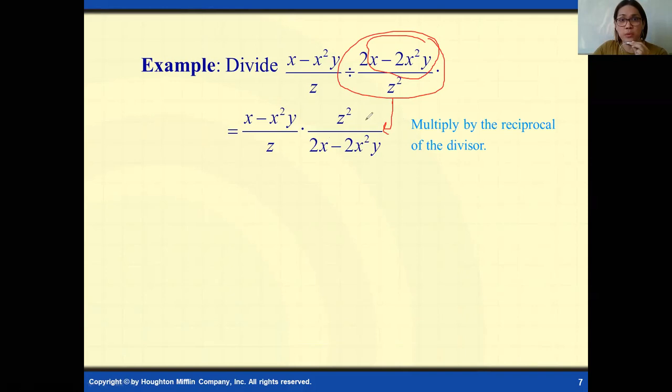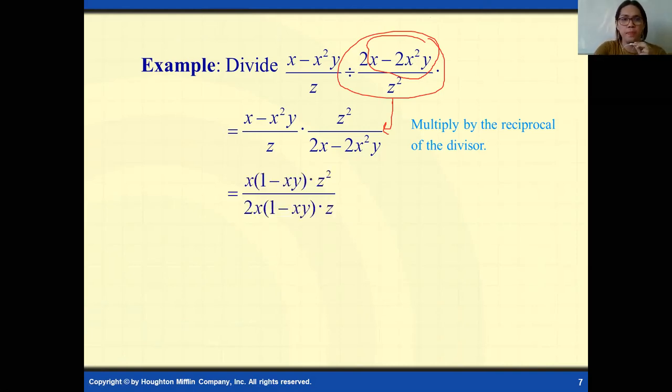Then after that, we will follow the rules or the steps in multiplication. What are the steps? We will write both numerator and denominator in factored form. So the factored form of this first rational expression that we have is x times the quantity 1 minus xy. And of course, the z squared, you multiply it by z squared.